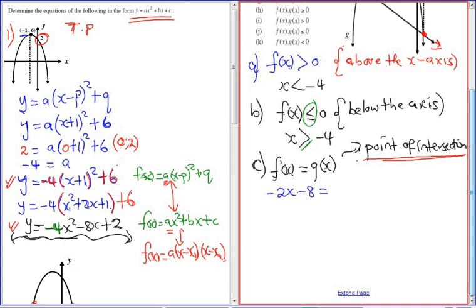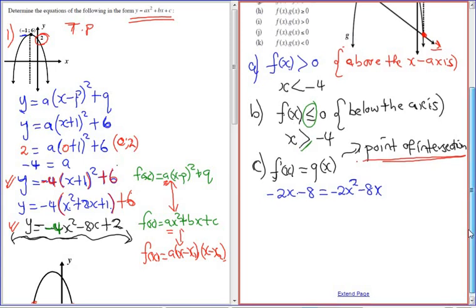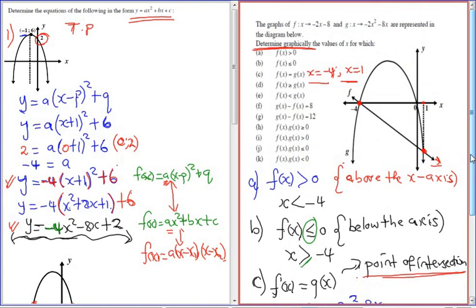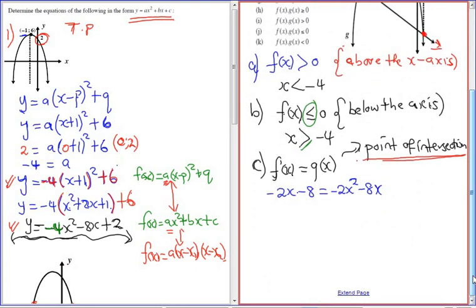And gx itself must have been negative 2x squared minus 8x. Good. So that's the one. Let's confirm from the questions. Perfect. Minus 2x minus 8, minus 2x squared minus 8x.